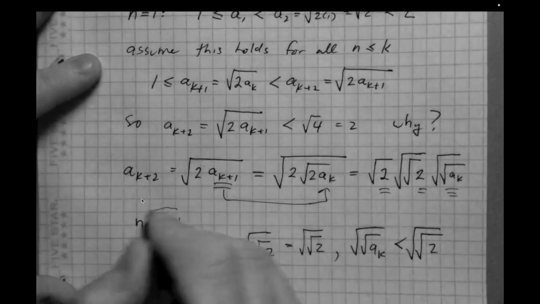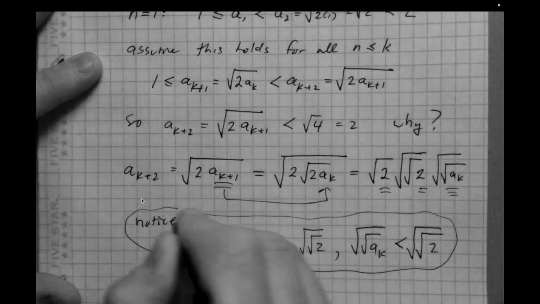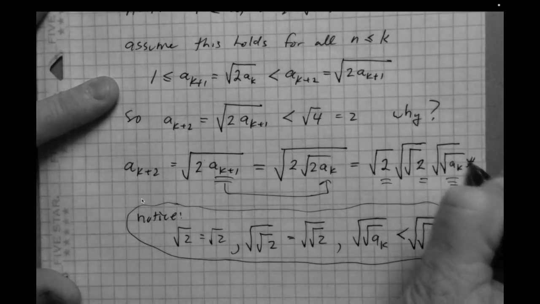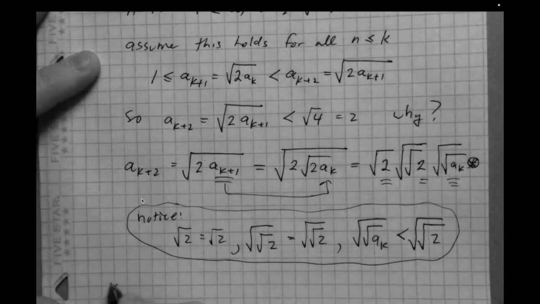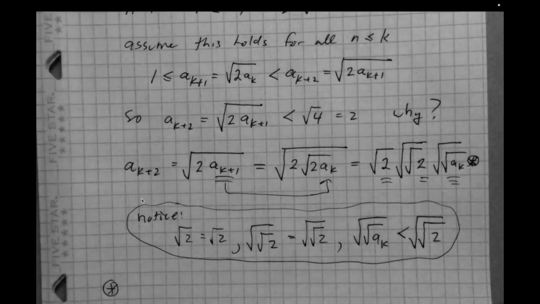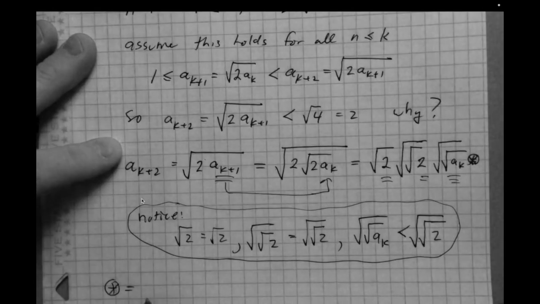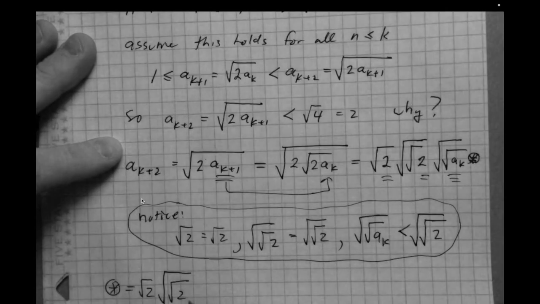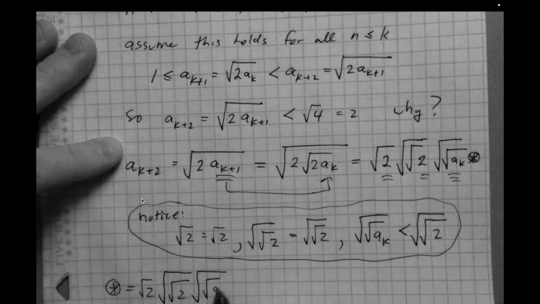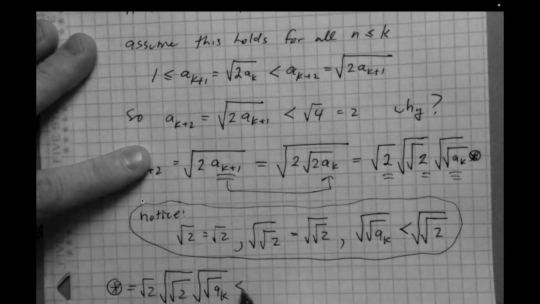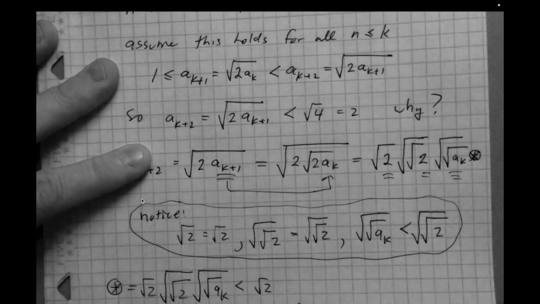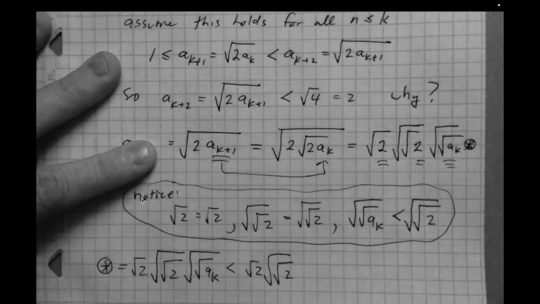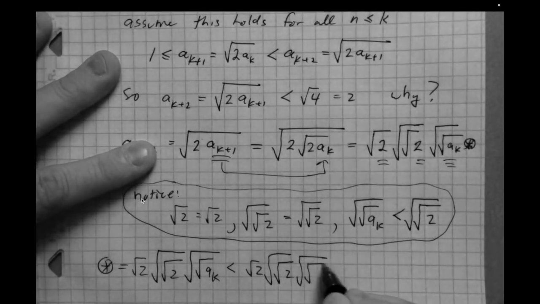Bringing that forward, the square root of 2 times the square root of the square root of 2 times the square root of the square root of a sub k must be less than the square root of 2 times the square root of the square root of 2 times the square root of the square root of 2.